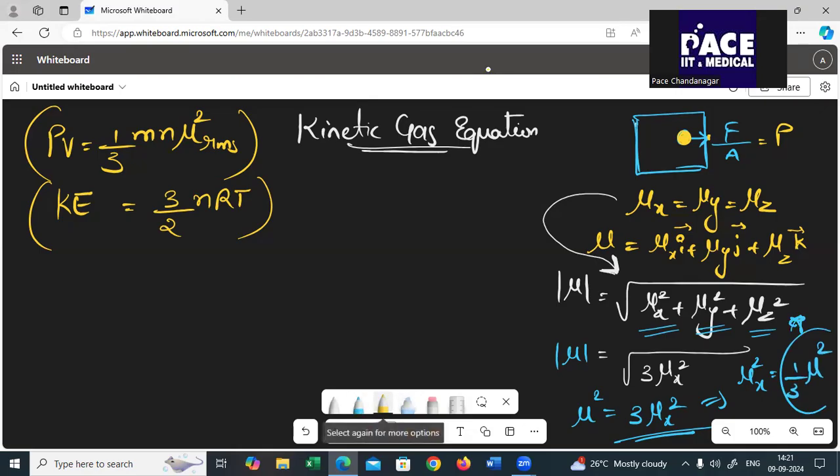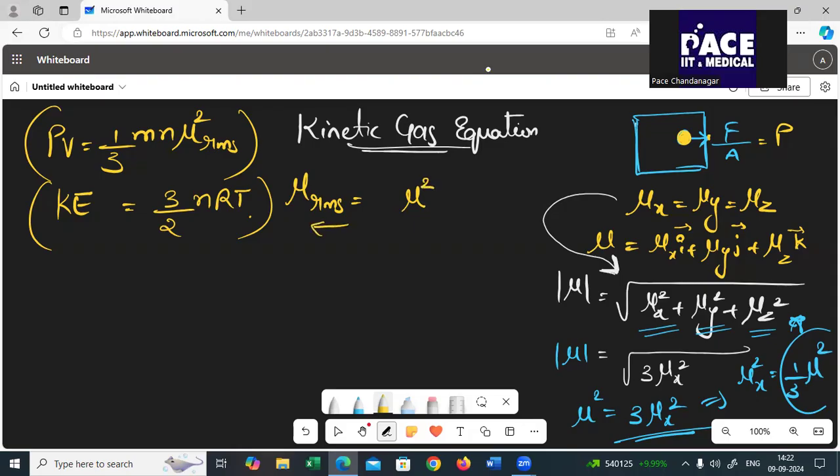Now we all know what RMS speed is: u_RMS. RMS speed, speed meaning velocity, is root mean square speed. Just read it backward, it will be easy.